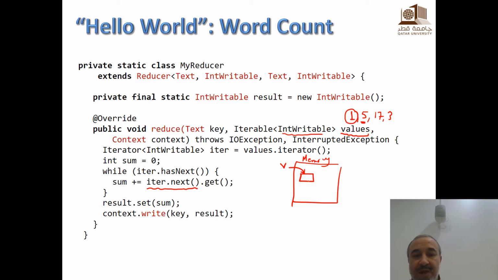This object will have the value 1, because we have 1 here. So v will be returned as the pointer of v, but the actual value inside it is 1. The next time you call next, you will get the same pointer v, but now the value is 5, because we have 5 now. So it's the same object, but the value inside it changes over time.